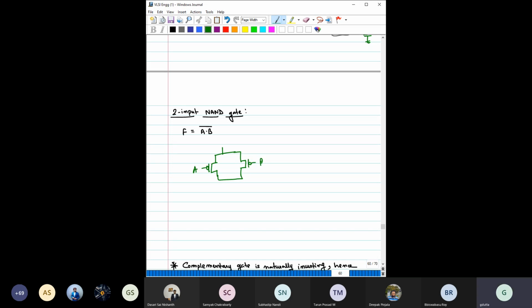This is A, this is B, this is VDD. And for NMOS, what do you have to take? You have to take its dual network in NMOS. So its dual network is when two NMOS are connected in series.